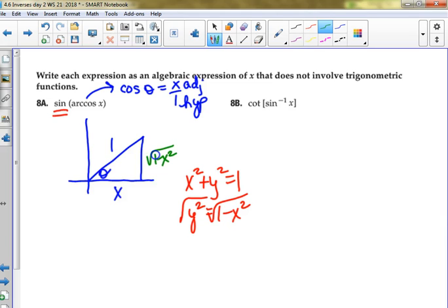Everybody okay with that? All right, now how do I write the sine? The sine of the arc cosine of x equals, what's the sine function of this triangle right here? Opposite over hypotenuse is the square root of 1 minus x squared over 1, or just by itself, right?